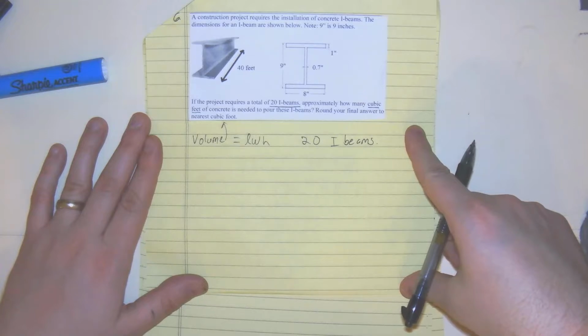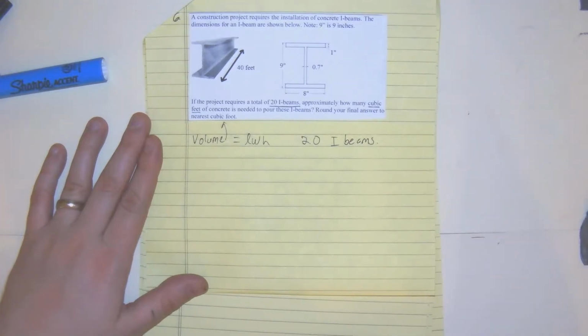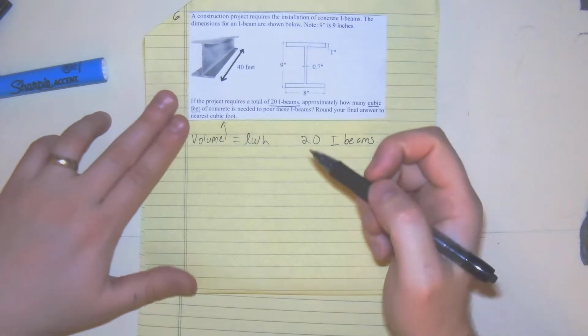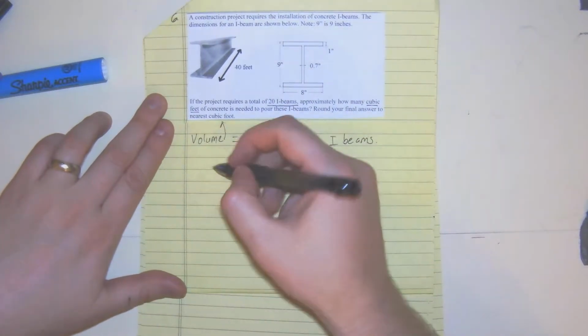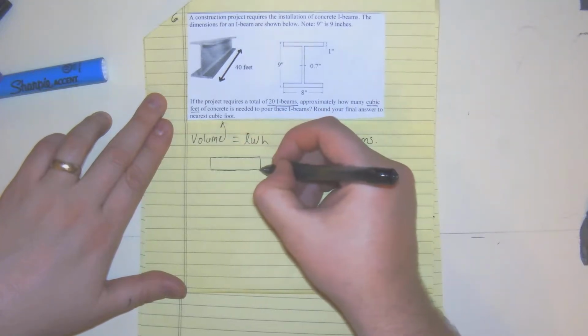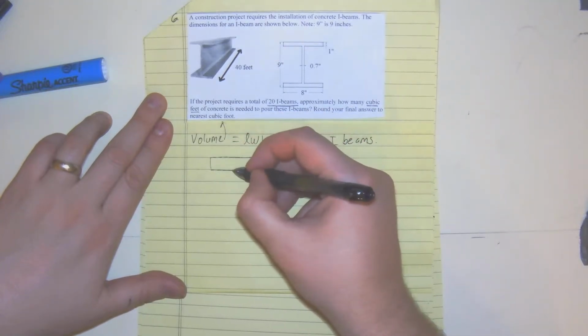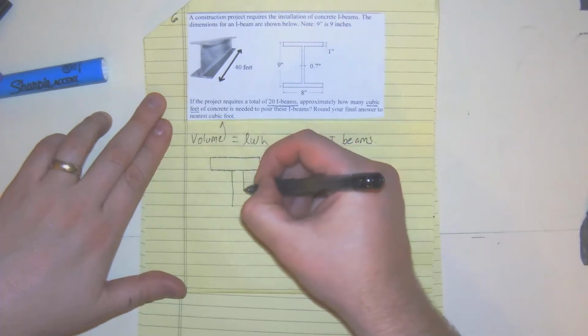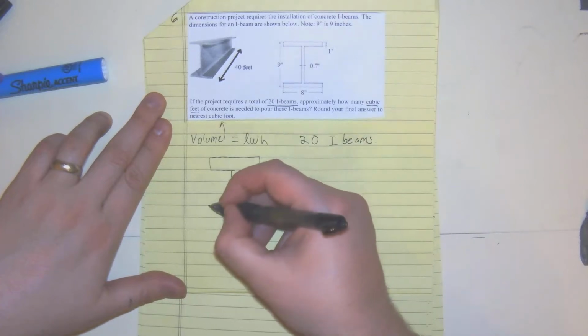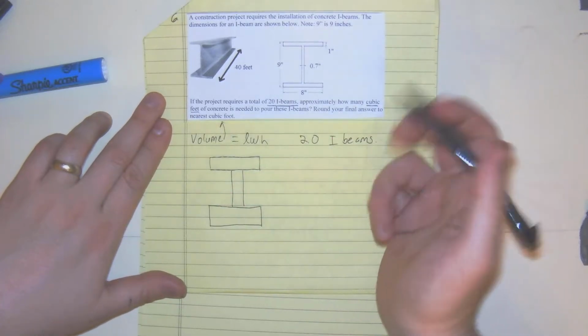So from here, we're going to do the following. I'm going to draw this so we can figure out what we're doing. I'm just going to draw the two-dimensional shape. It's not perfect because this should be connected, but remember, when you're doing the test, you don't want to be wasting your time.